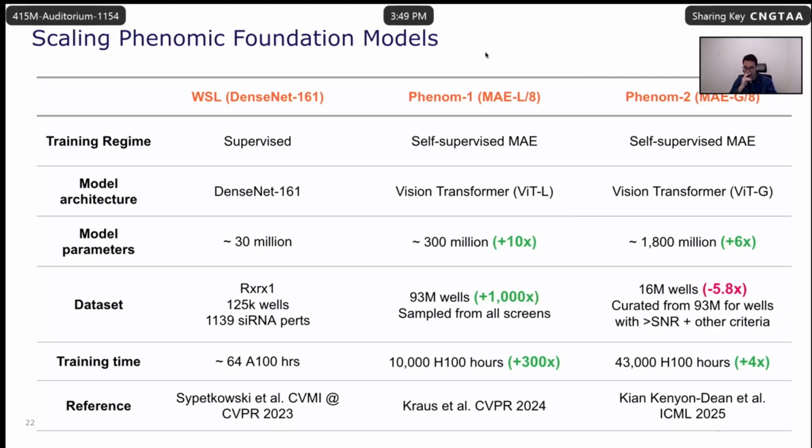That's a 6x improvement over the Phenom-1 model. And then it was trained for 4 times longer on the new cluster that we installed. And interestingly, it actually was trained on a smaller data set. So we took a subset of the 93 million data set, and I'll explain why in the next few slides. So this work was presented at ICML this year.